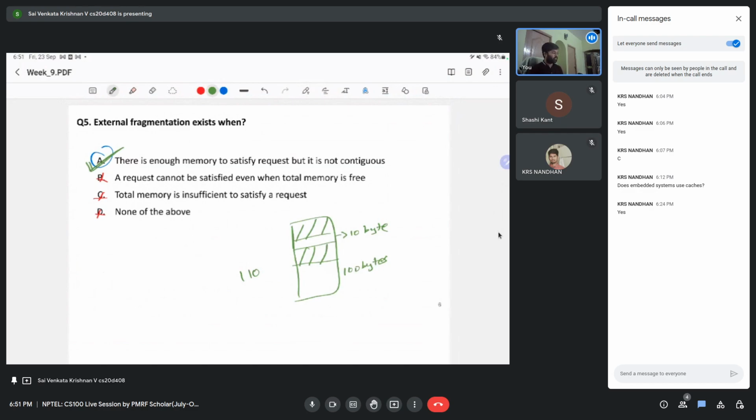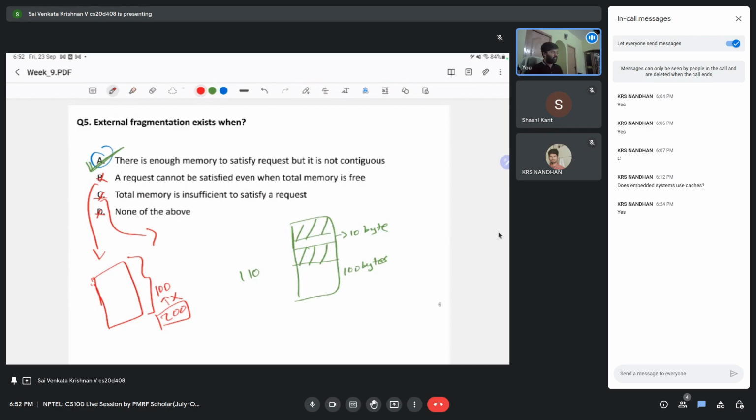Option B is where you have a whole memory of 100 bytes and you're requesting 200 bytes, then it cannot be satisfied. Option C is that total memory is insufficient, which is the same as option B, just rephrased.